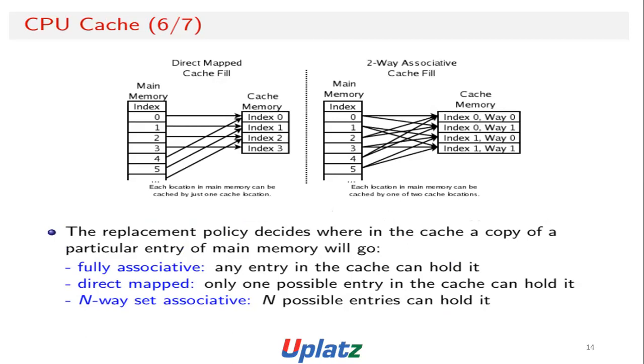Fully associative: any entry in the cache can hold it. Direct mapped: only one possible entry in the cache can hold it. N-way set associative: N possible entries can hold it. The figure shows a direct-mapped cache fill and a two-way associative cache fill.